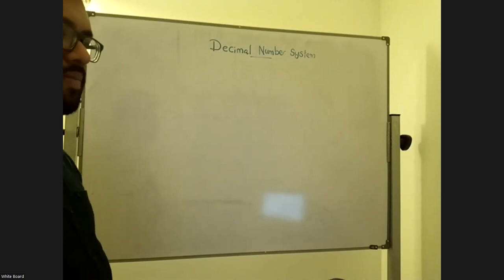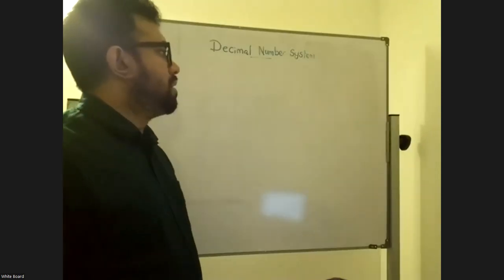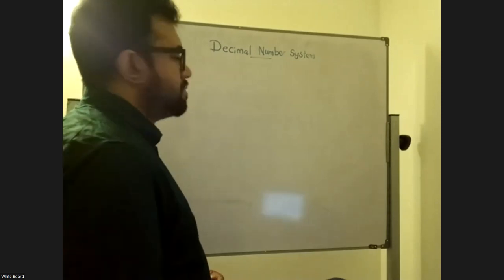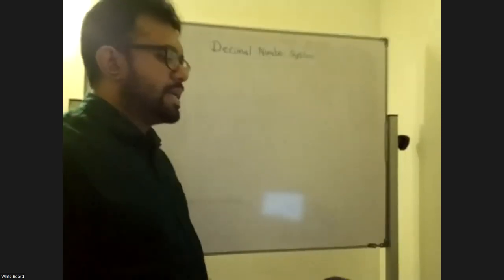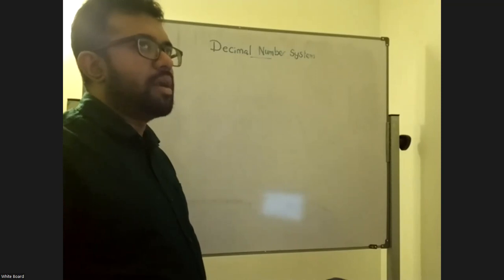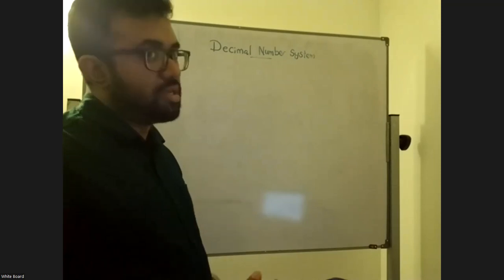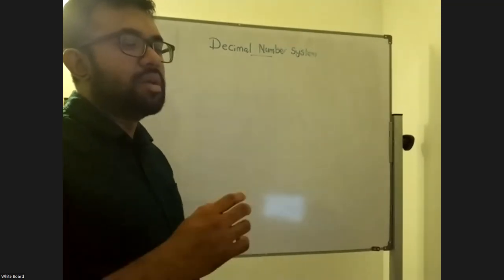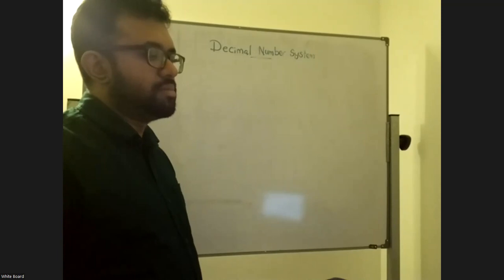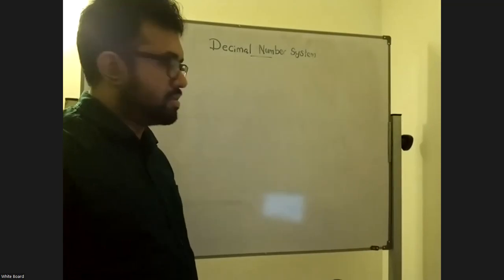Okay, write down under this: there are 10 symbols that are used to write decimal numbers.